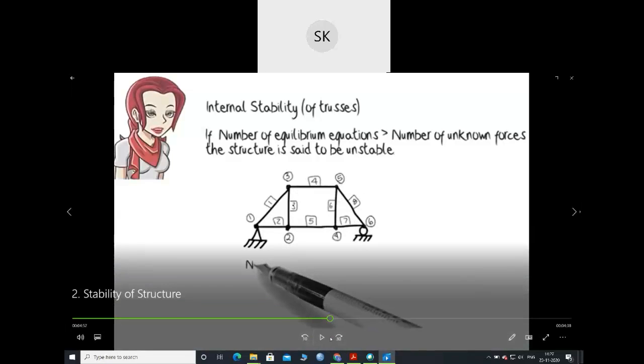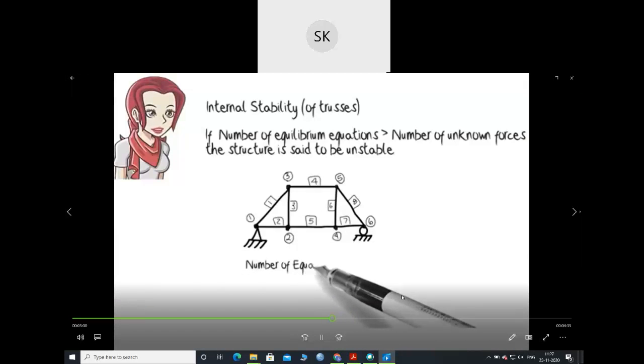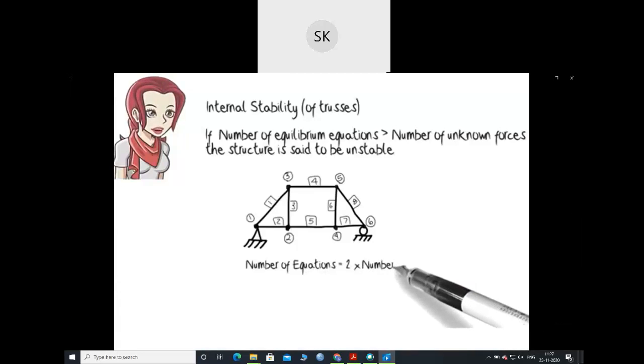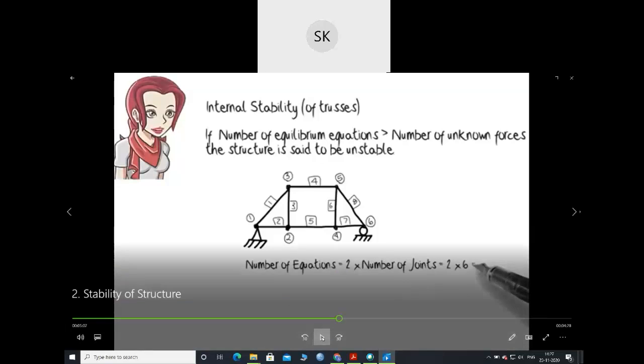Since the number of equilibrium equations for a truss equals 2 times the number of its joints, we get 2 times 6, or 12 equilibrium equations.